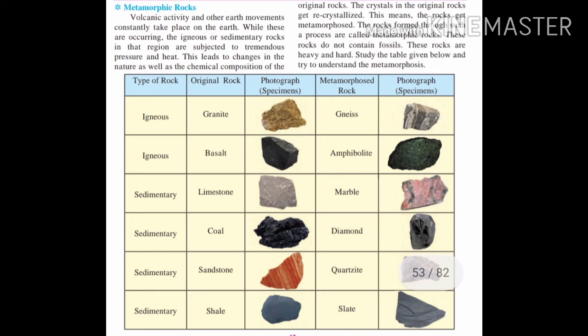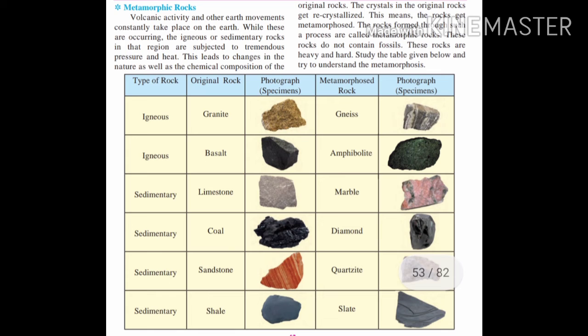The crystals in the original rocks get recrystallized. This means the rocks get metamorphosed. The rocks formed through such a process are called metamorphic rocks. These rocks do not contain fossils. These rocks are heavy and hard.